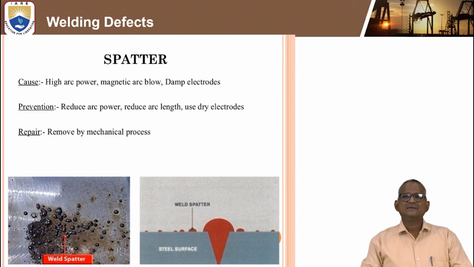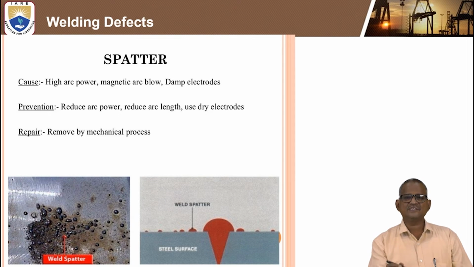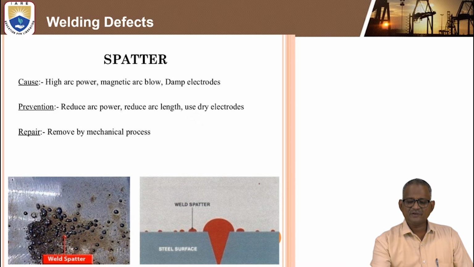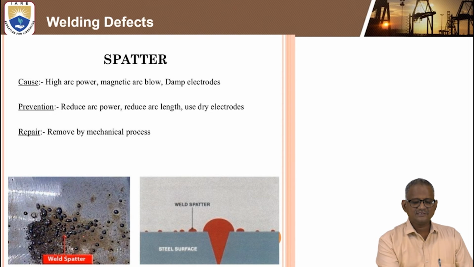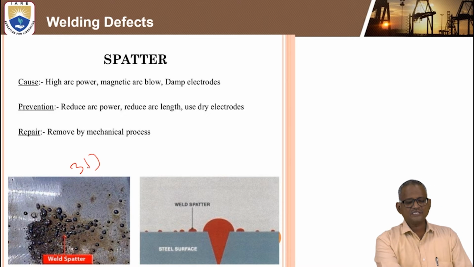Let us see another type of defect, which is spatter. We can understand it from a three-dimensional figure and a line diagram, with the front view. This is how spatter occurs on the workpiece plate.